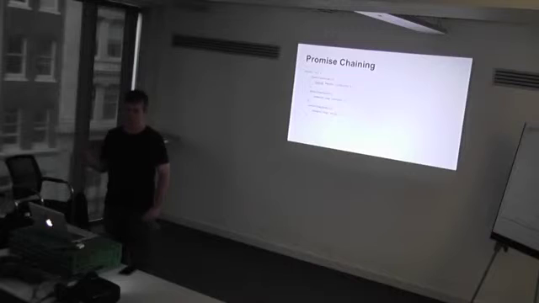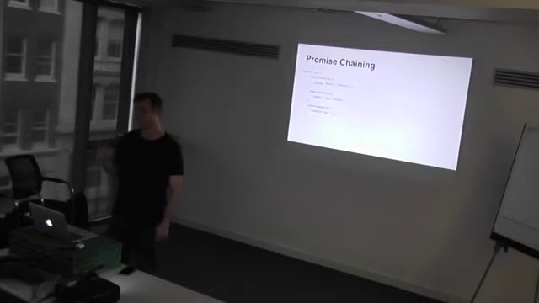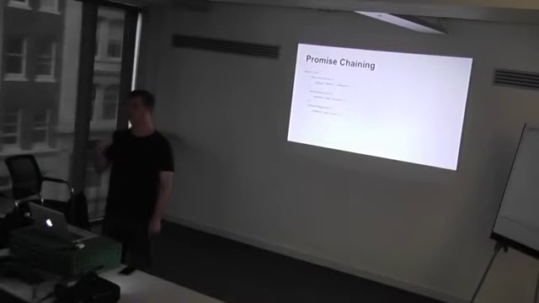Now it's important to note that much like the famous question, if a tree falls in the forest and no one's there to listen to it, does the tree actually fall? Promises work slightly similarly.